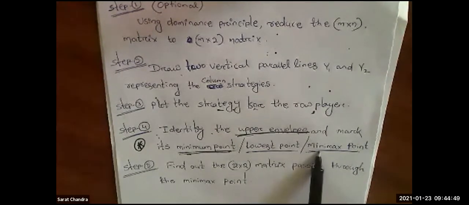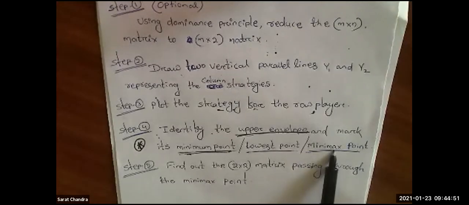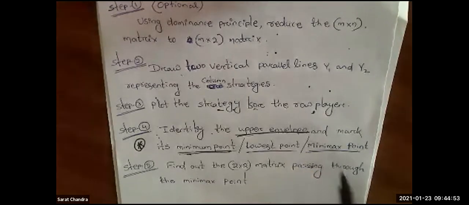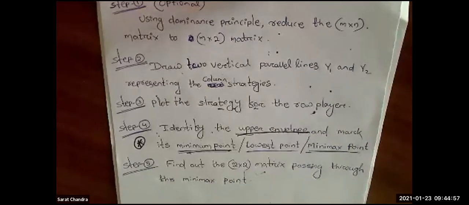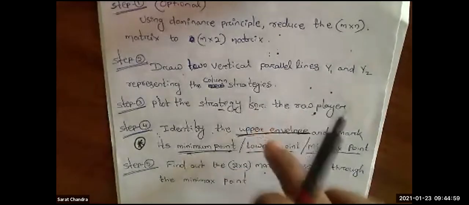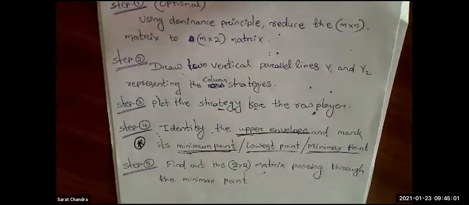The minimum point of the upper envelope. Then we will get a 2 by 2 matrix and we will solve the matrix accordingly. I think you didn't get this algorithm, so when we do a problem, you will get some clarity regarding the algorithm. So we will solve the problem.